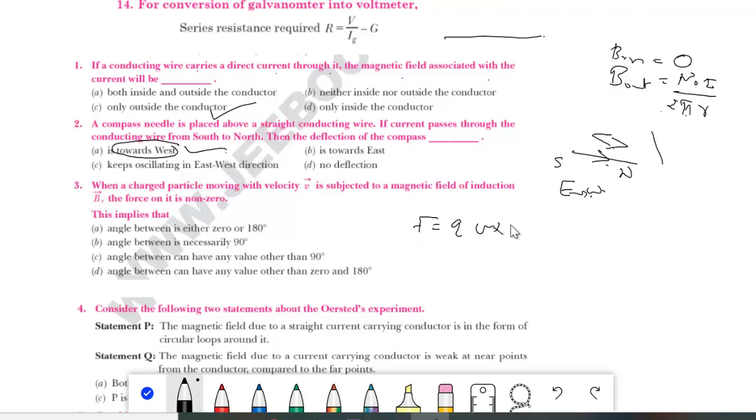F is equal to Q into V cross B. So force equal to 0 means either there is no charge, V equals 0, B equals 0, or in QVB sine theta, theta can be equal to 0 or 180 degrees. So the answer is that the angle between them is either 0 or 180 degrees. It is non-zero, meaning other than 0 and 180 degrees, otherwise it is 0.